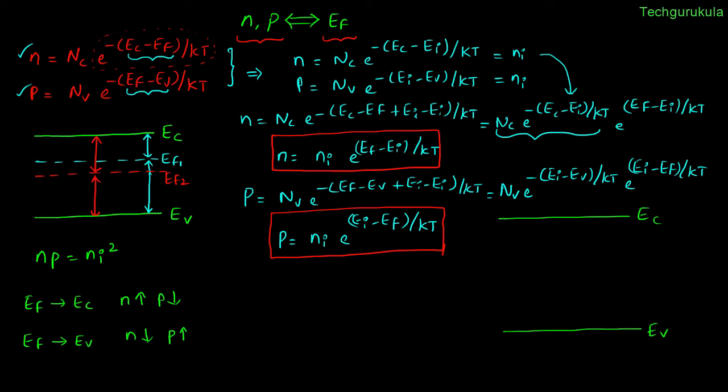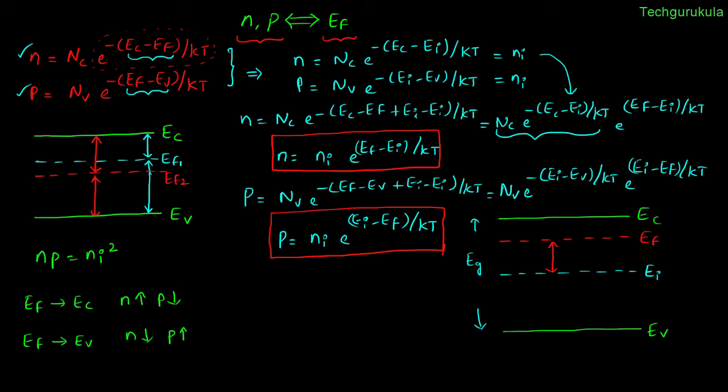So now Ei is actually the Fermi energy level of intrinsic semiconductor. I'm taking it to be at the half of the forbidden energy gap, where this distance Ec minus Ev is called the Eg. If the Fermi energy level is somewhere here, the distance between this Fermi energy level to Ei is positive, which means Ef minus Ei is positive.